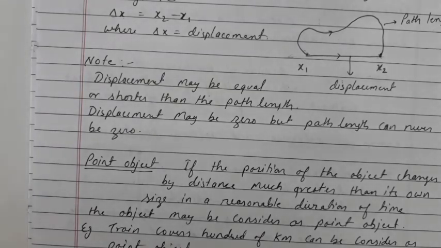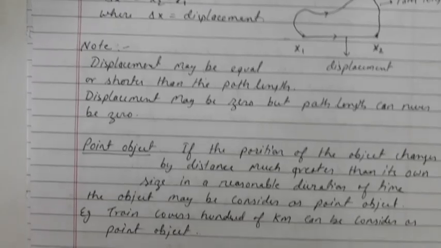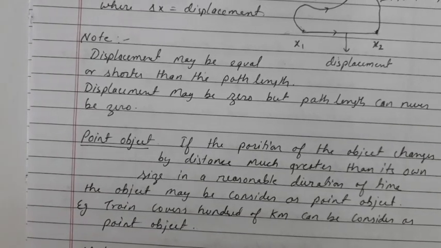Suppose there is a train going from one end of the country to the other end, then the size of the train is much smaller than the distance covered by the train in the country. So we can say that the train is considered as a point object. Okay, so what is a point object? If the distance covered by the object is very large in comparison with the size of the object, then the object will be considered as a point size.